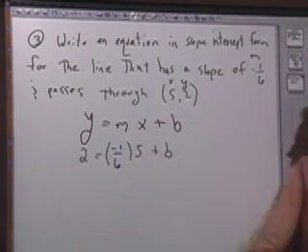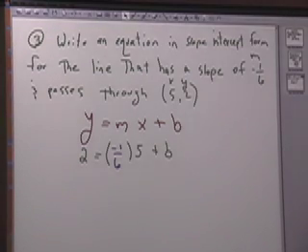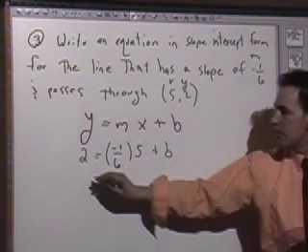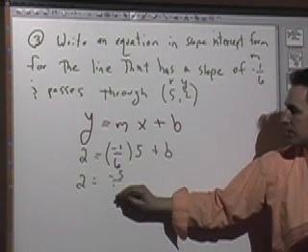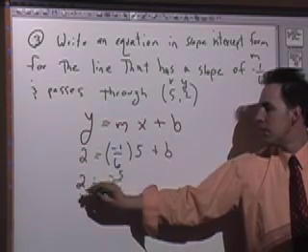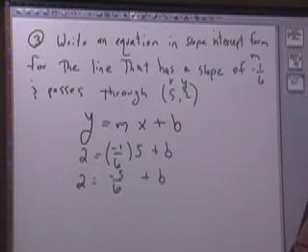And we're well on our way to solving this. What do we get? We have to use fractions. Jonathan? 5 and -1/6. That's right. So you get 2 equals -5 over 6 plus b. Okay, what's our next step, Jonathan?